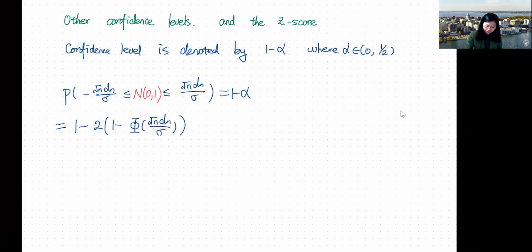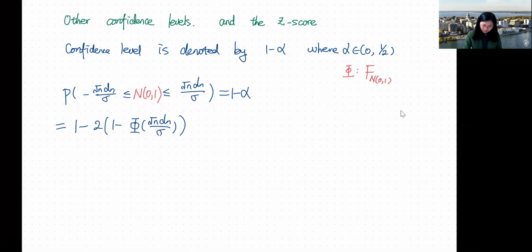Here, this Phi is the CDF of the standard normal. So why does this equation hold? Why does this probability equal this?